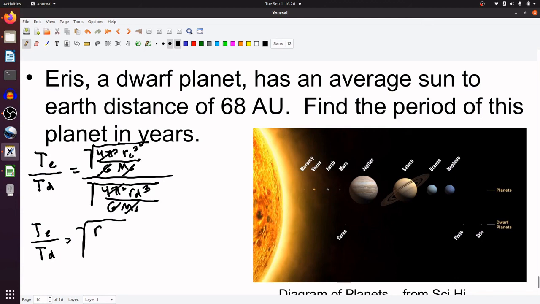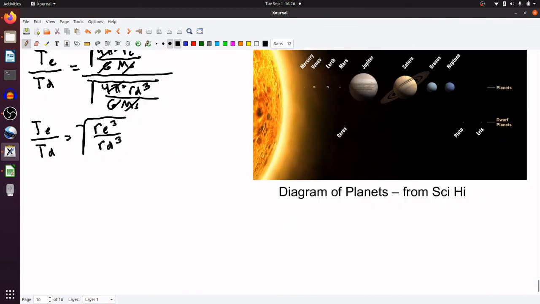We'll have RE cubed over RD cubed. We're trying to solve for the period of the dwarf planet, so we're trying to solve for TD. So I'm going to move TD to the other side, and that's going to give me TE times the root of RD cubed over RE cubed is equal to TD. This will be Eris, by the way, just to be clear.